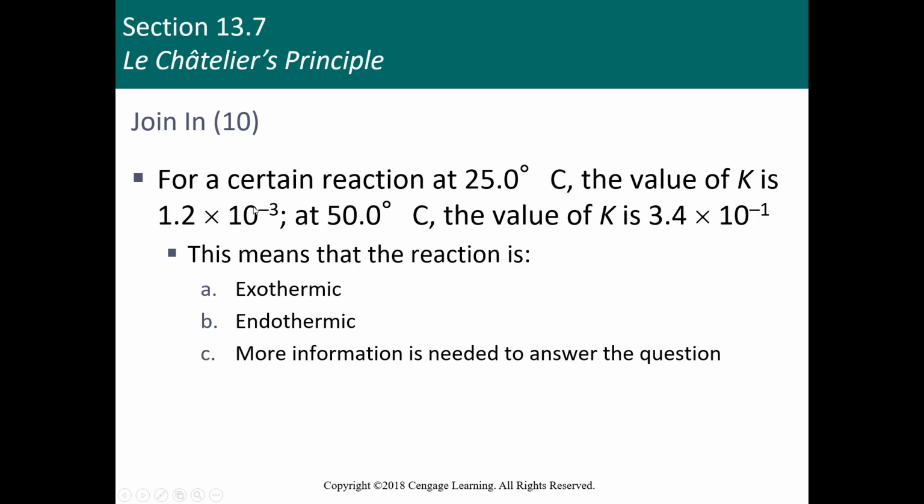At 50 degrees, this value is larger. A larger value indicates we have more product. That would mean as we increase the temperature, we get more product. And so this is an endothermic reaction, meaning we are using energy as a reactant. We increase the temperature, we get more product.